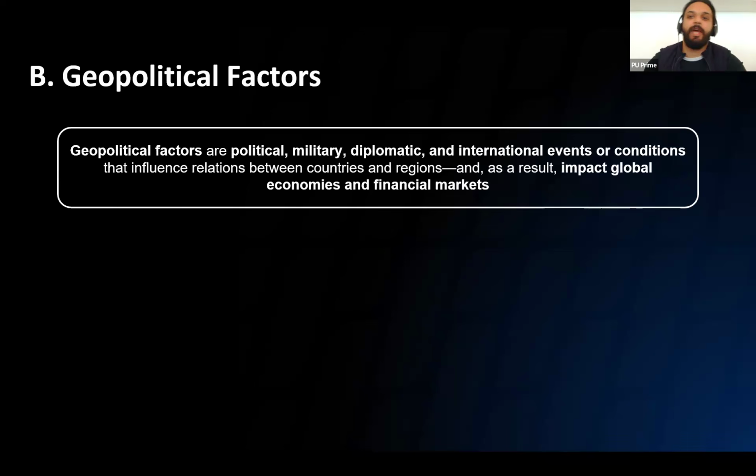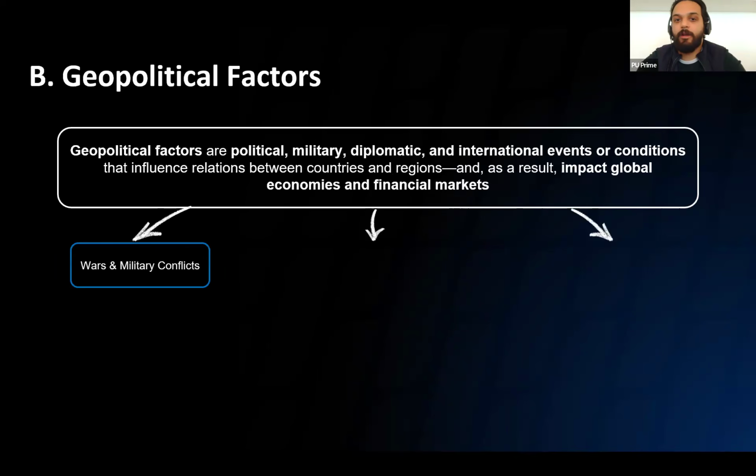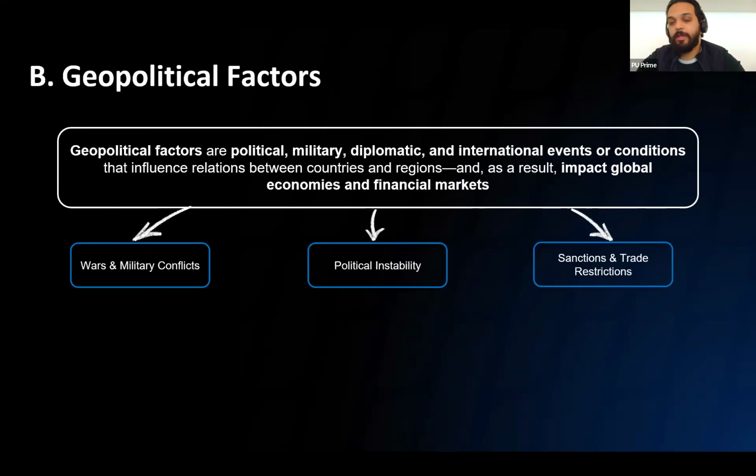For example, we have wars and military conflicts, political instabilities, sanctions, trade restrictions, revolutions. All of these are considered geopolitical factors. Geopolitical factors have been the main driving factor for gold prices in 2025.